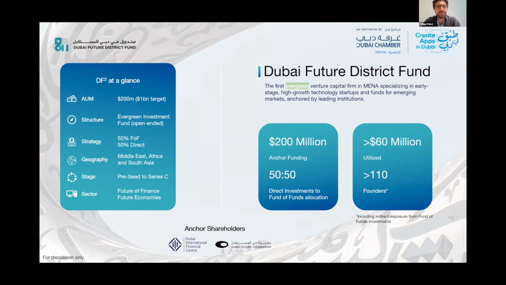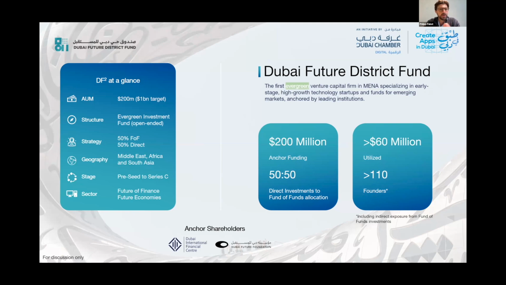Although there's a lot of capital floating around and locked up in various pockets, not a lot of that capital has actually landed onshore here. So the sovereign wealth vehicles here in the region are big capital allocators on a global scale, but not a lot of that capital has actually been reinvested into our own economy. It's starting to change now, and I guess we are one of those steps in that direction.